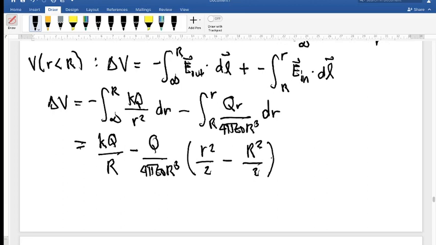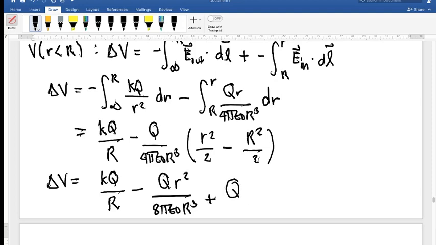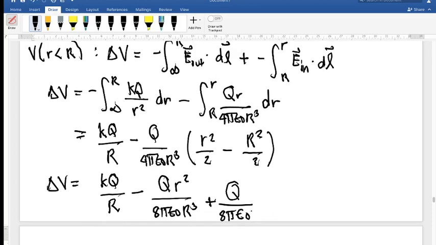Simplifying, we get the answer kq over R minus q r squared over 8 pi epsilon sub naught R cubed, plus q over 8 pi epsilon sub naught R. Since k is 1 over 4 pi epsilon sub naught, we can combine these two.